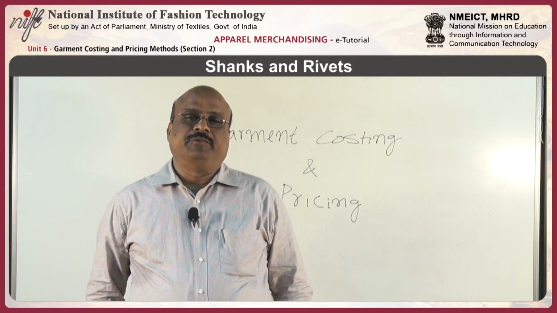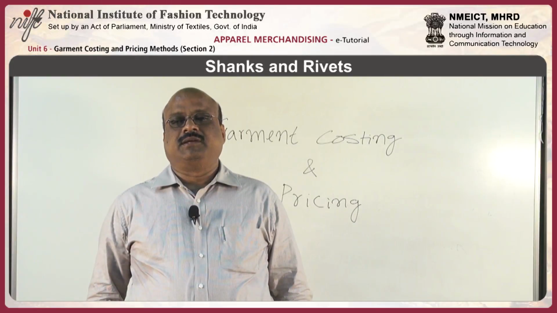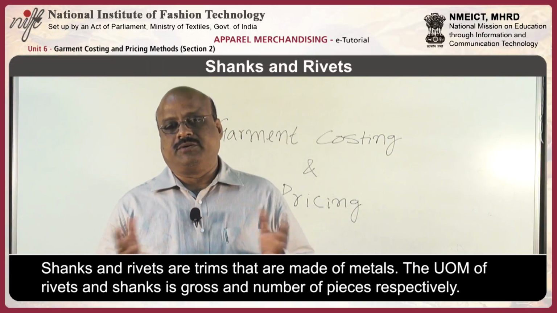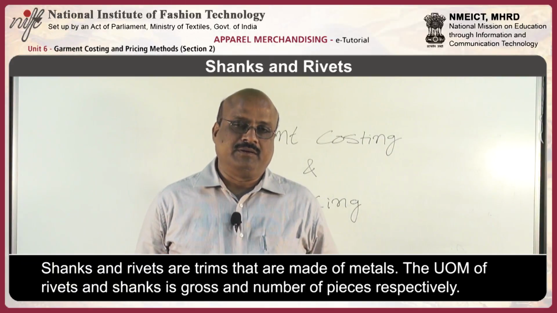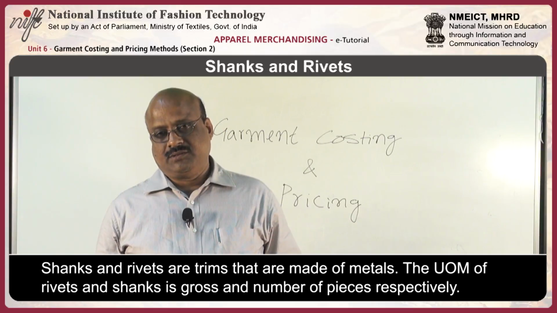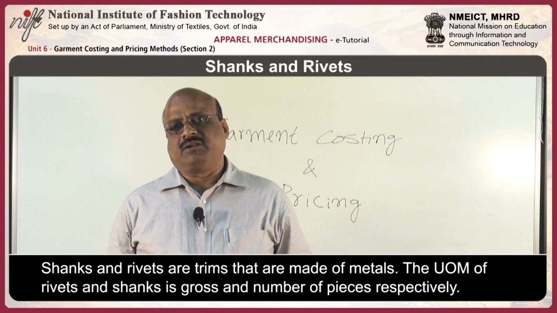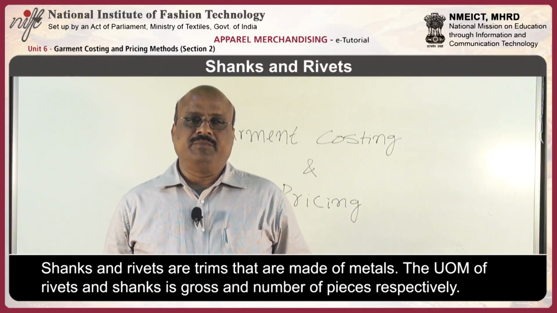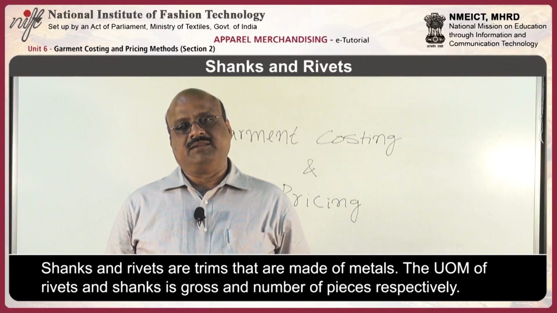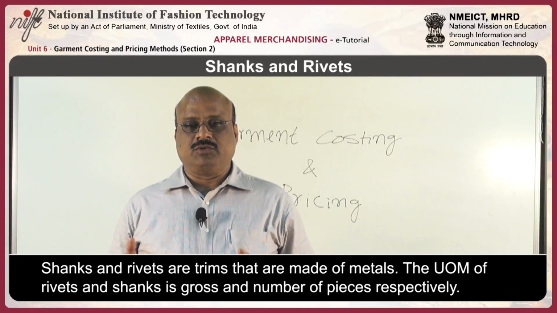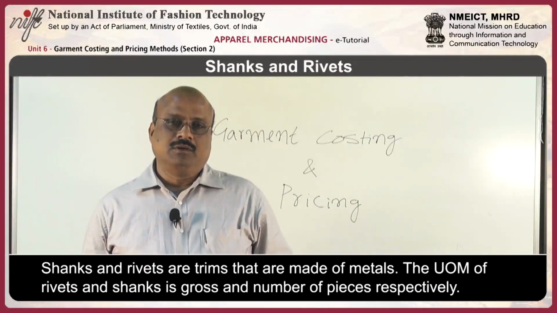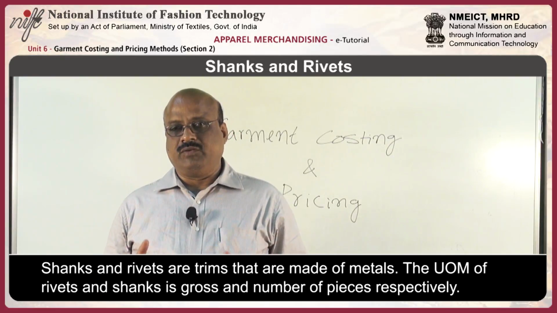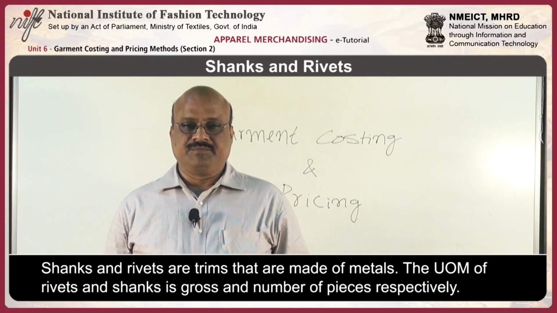The next trim we can talk about is shanks and rivets. Generally, shanks and rivets are trims that are made of metal. The unit of measurement for rivets and shanks is also gross, like buttons. That means one unit of measurement would be 144 pieces, or 12 dozens.